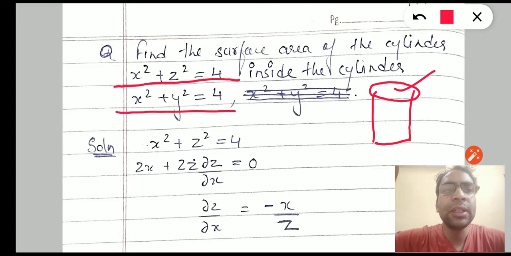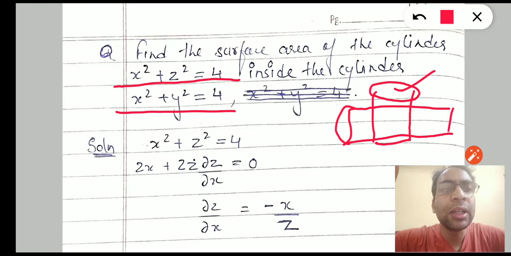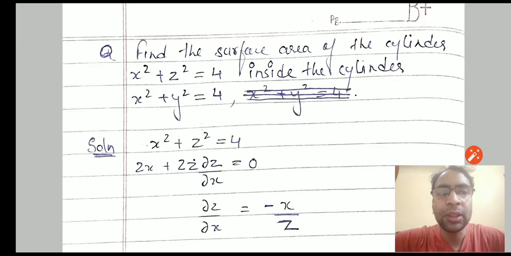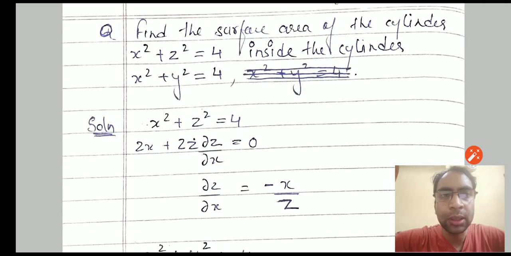Obviously these two cylinders will be somewhat like this, because both the cylinders are in different dimensions. One is with the x and z axis and the other is with the x and y axis. So these two cylinders have been given with the equations of their top circles.